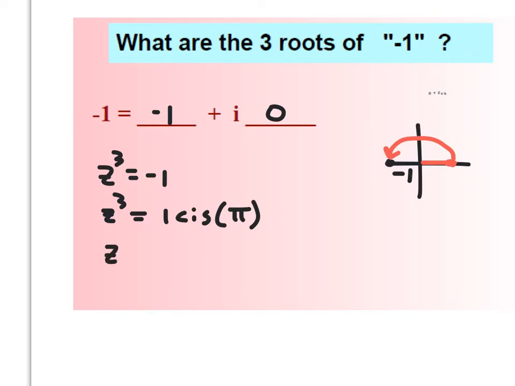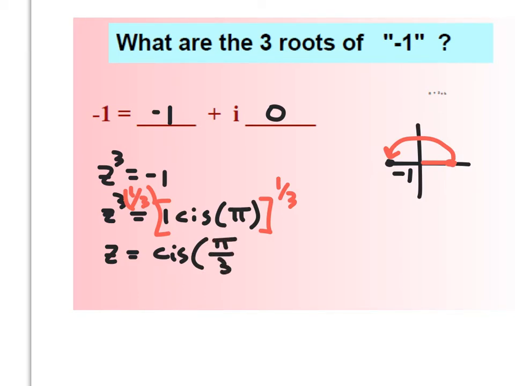So how do I find the roots? Well, I would take the third root of both sides. Okay, which would give me z equals, the third root of 1 is still 1. And then I take pi and multiply it by 1/3.